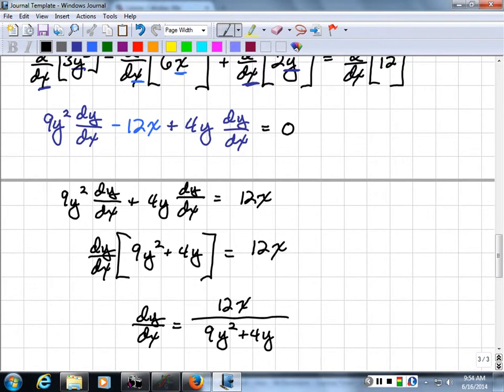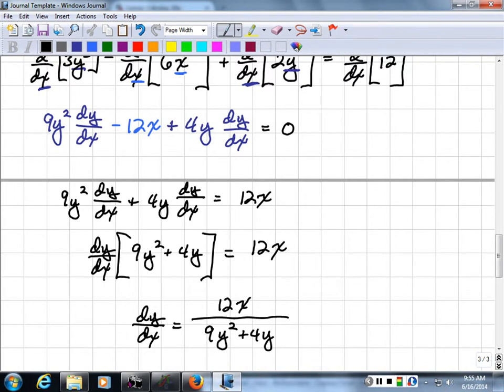And we can do higher order implicit differentiation. I could ask you to find a second derivative. If I ask you to find a second derivative, that means I have to use what here to find that derivative? I have to use the quotient rule. Once I use the quotient rule, this up here is going to become d squared y over dx squared.